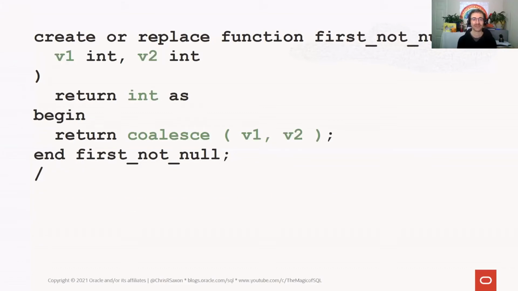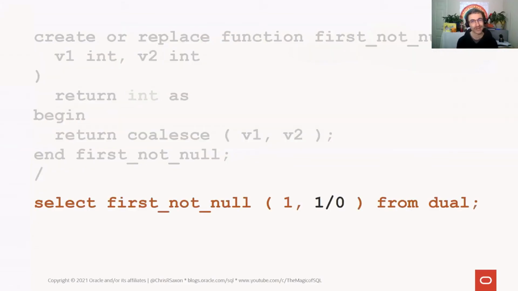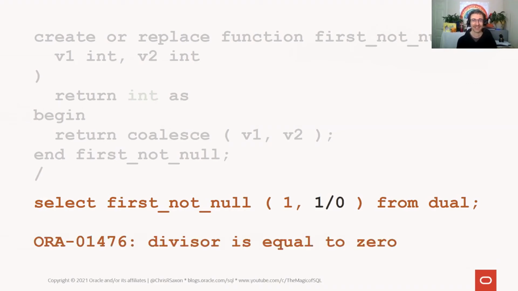If I call this first_not_null, and I pass in 1 divided by 0 as the second argument, PL/SQL uses applicative order for evaluating arguments. Essentially, it evaluates the expressions, then pushes them into the function. So it's going to evaluate 1 divided by 0. What's going to happen? We get a divide by 0 error, right? So that statement is going to fail.